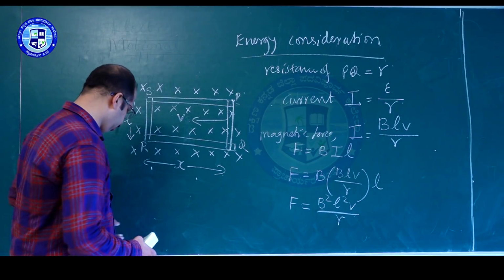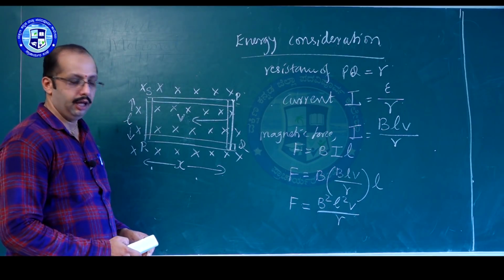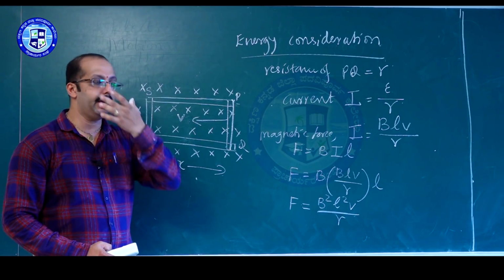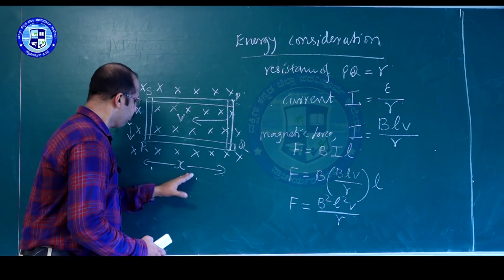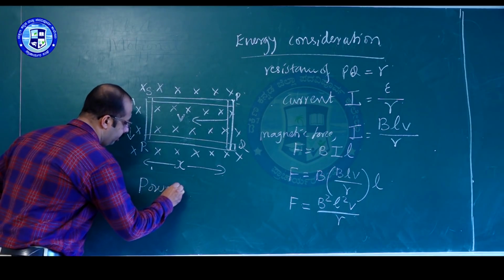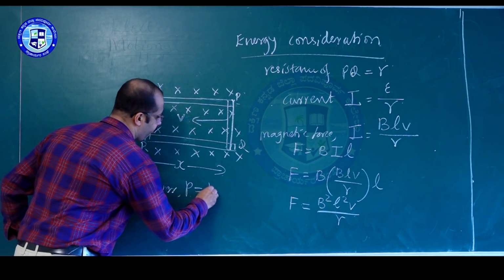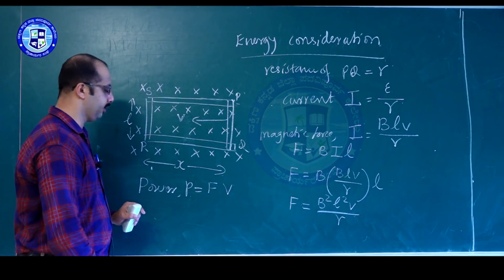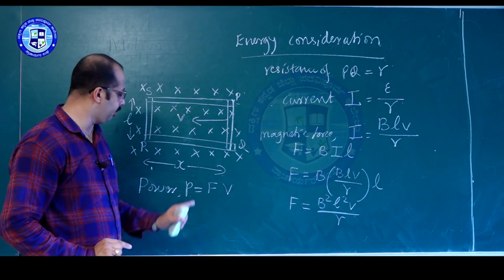The power expression that we considered in first PUC. Power means the energy dissipation, so the power is to be calculated. The power P is equal to F into V, the concept from the work, energy and power chapter.